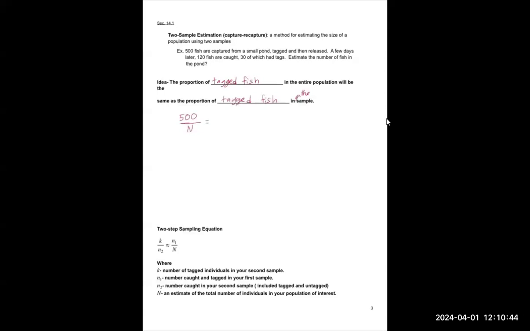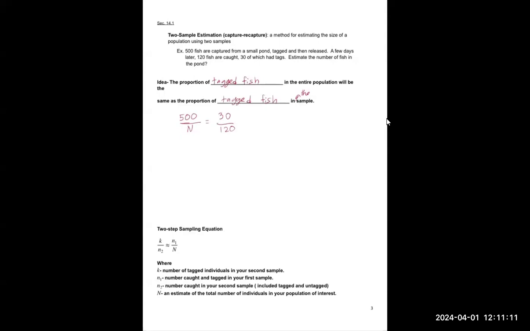And that fraction is going to be equal to the number of fish that were tagged in our sample over the total number in our sample, right? 30 over 120.